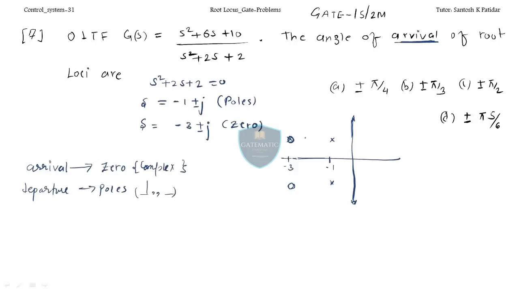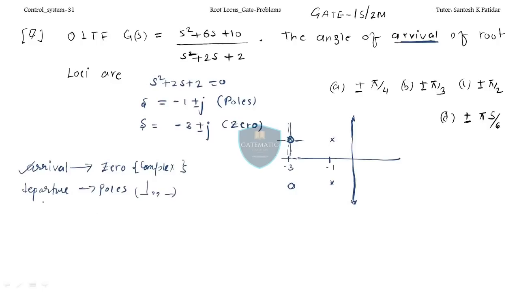The poles are coming to 0, that's why arrival. For the same question we can also find the angle of departure, but that would be validated for the poles. But my matter of concern is the angle of arrival. Let's take this first.